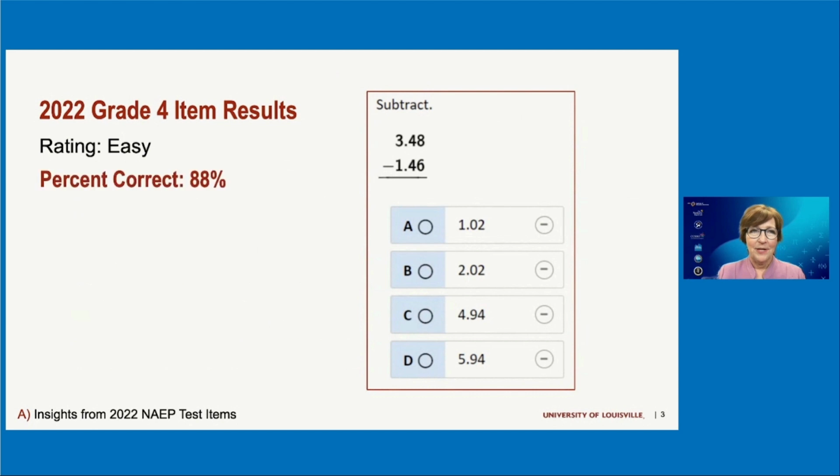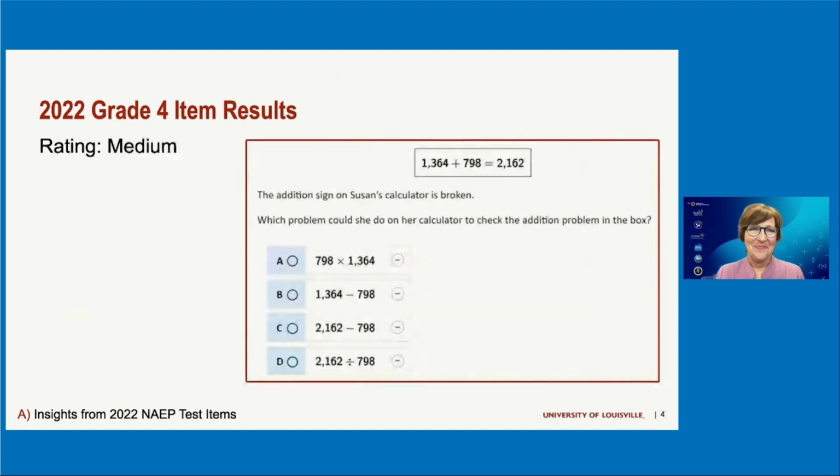The result for this item was 88% correct. You can see that this could be solved using a standard algorithm, or a student with reasoning skills might notice that they're 2 apart and 2 hundredths more. So they might be able to use a counting up strategy instead of straight computation using a standard algorithm.